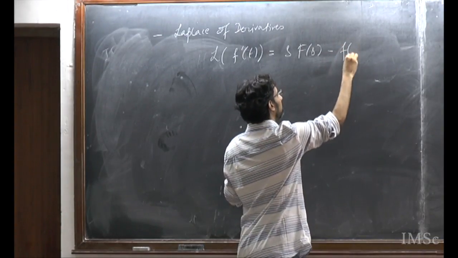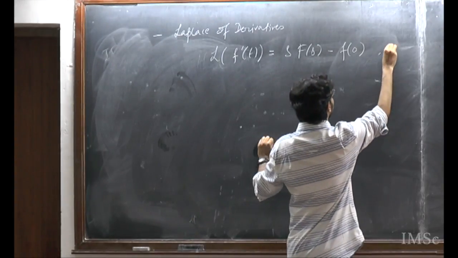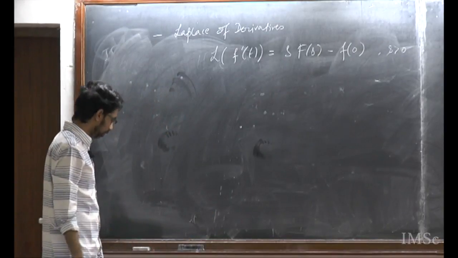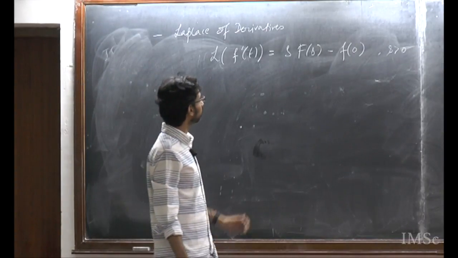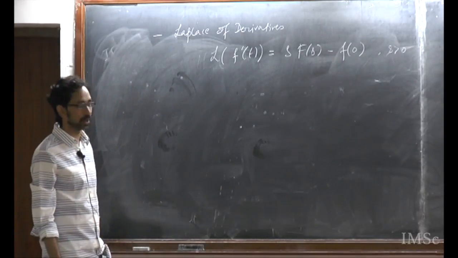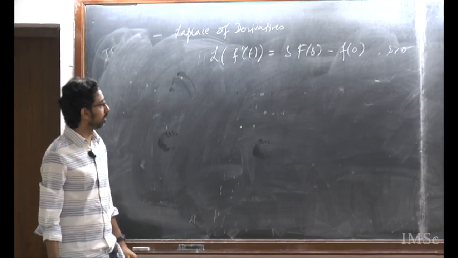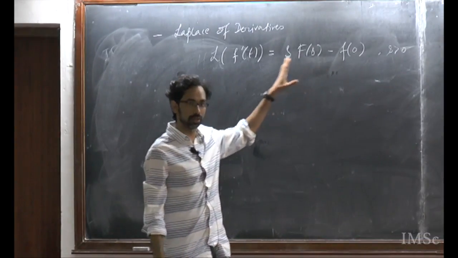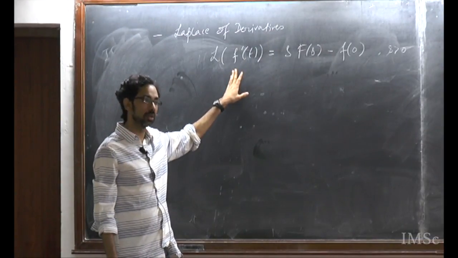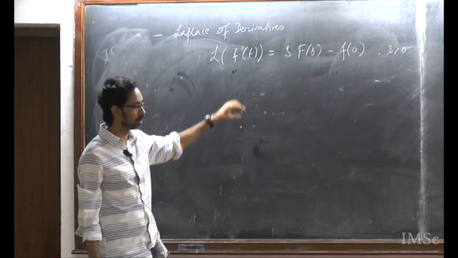Small f(0). Okay. And we saw that there is some subtlety involved here, that f prime(t) need not be of exponential order. If f is of exponential order and differentiable, then the Laplace transform exists, even though f prime may not be of exponential order. Okay? This part is clear?